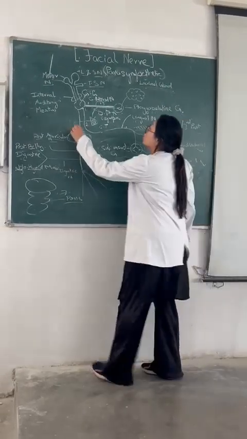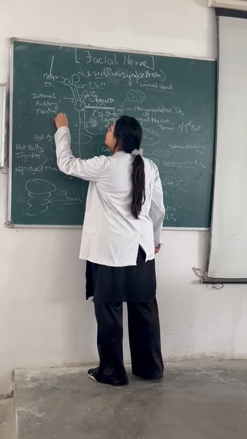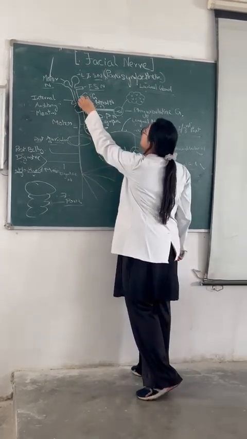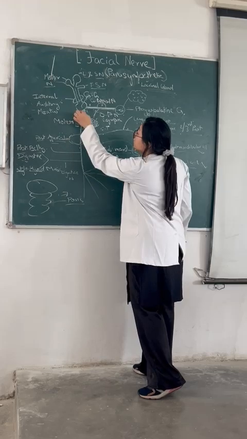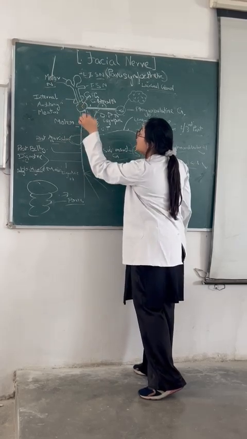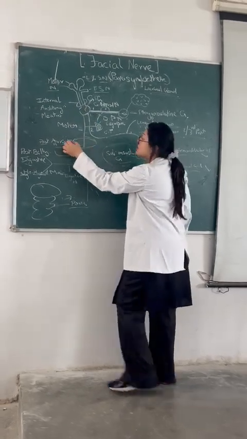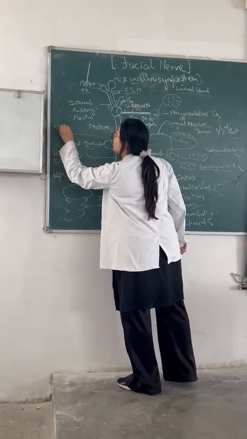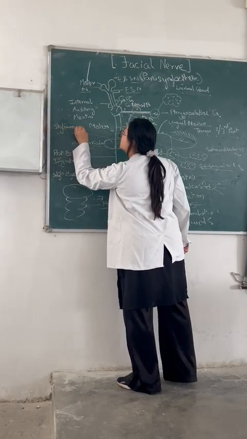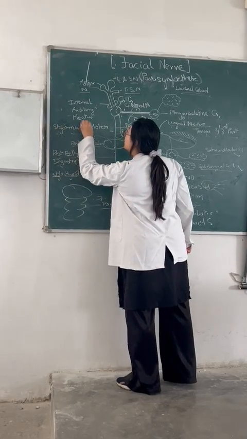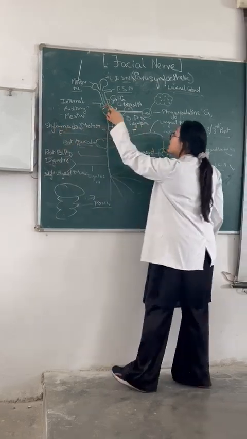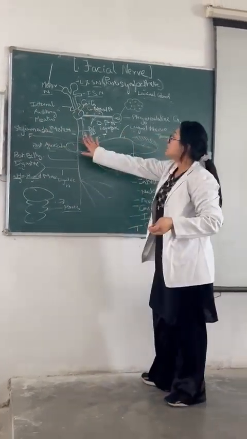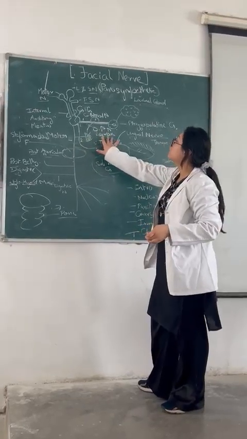Now, the third, which is the motor function. After originating from the GG, it goes and, before exiting through the stylomastoid foramen, one innervation is given to this muscle.